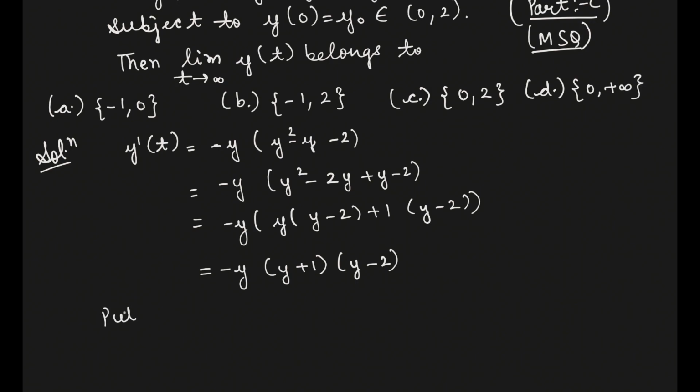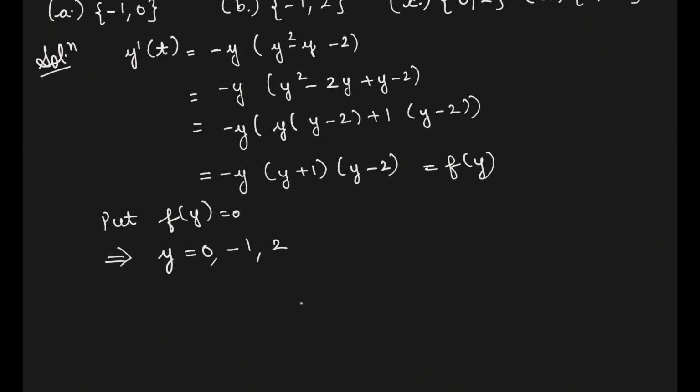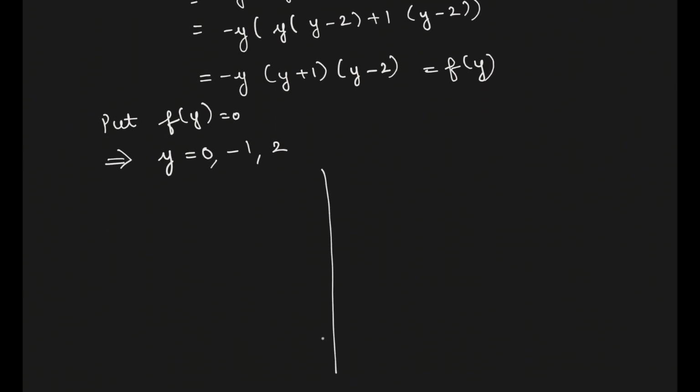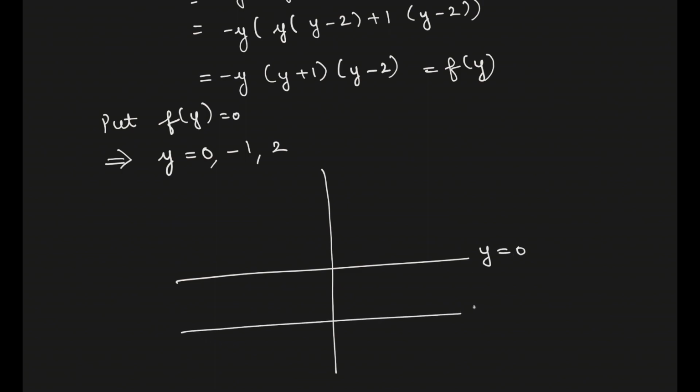So put f(y) equal to 0. This was f(y). So equilibrium solutions are y equal to 0, minus 1, and 2. Yes. Now I can plot this: y equal to 0, y equal to minus 1, y equal to 2.